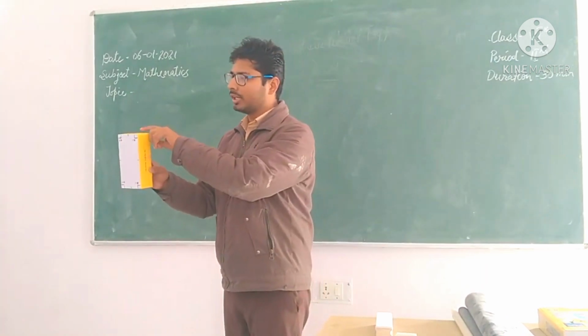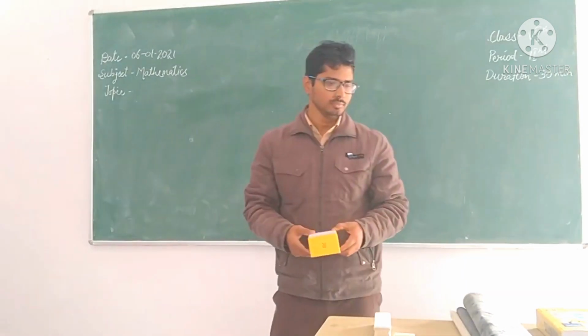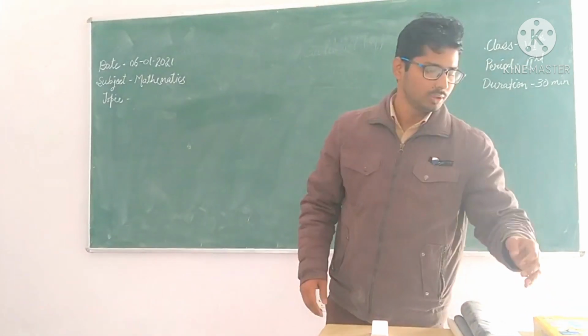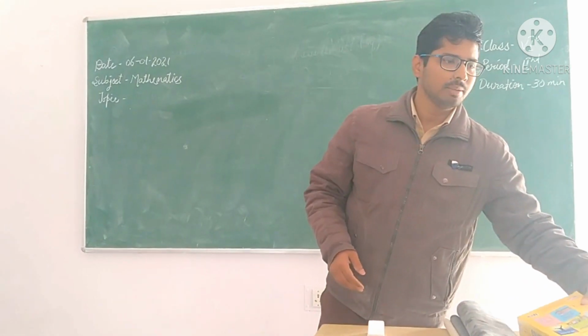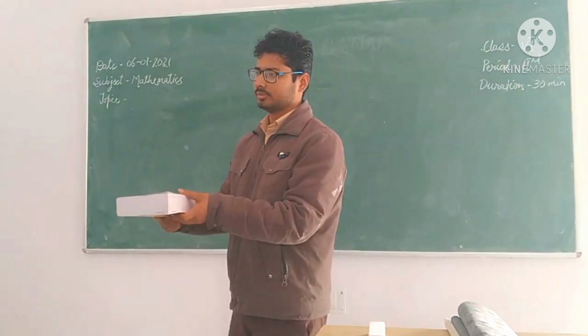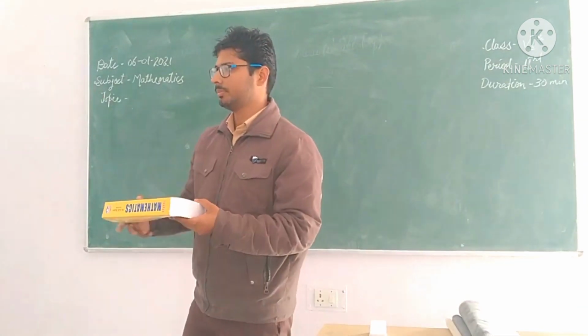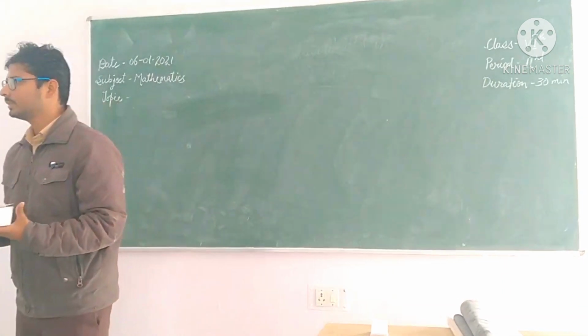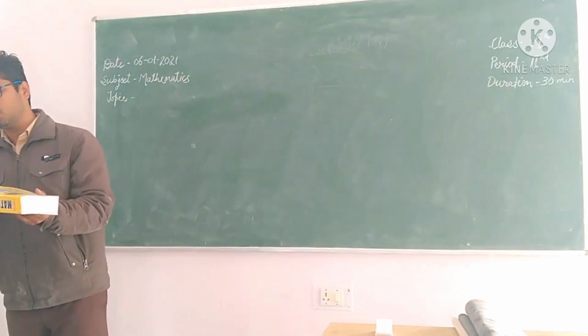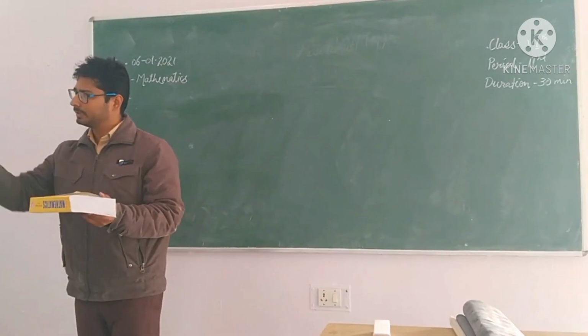This box also has a cuboid shape. Can anybody tell me what is the shape of this book? It is of cuboidal shape. Yes, it is also of cuboidal shape. Sit down.